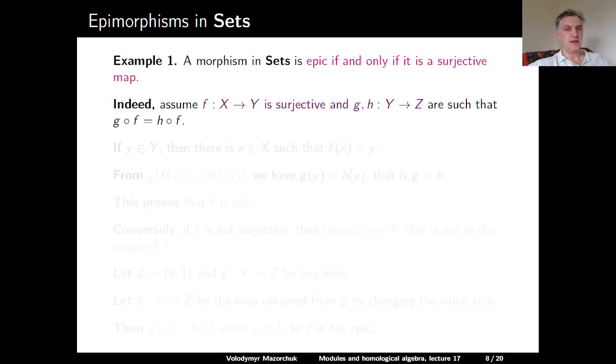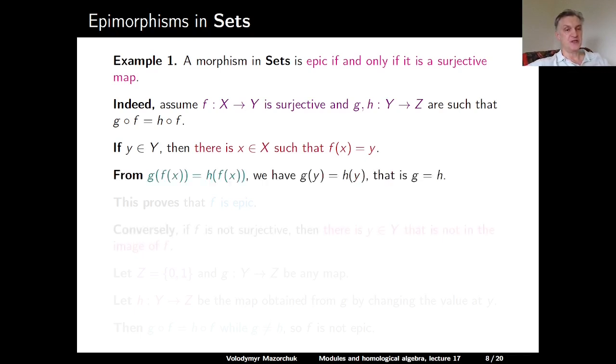Indeed, assume that a map F from a set X to a set Y is surjective, and let G and H be two maps from Y to Z, such that the composition of G after F is equal to the composition of H after F. If y is an element of Y, then, since F is surjective, there is an element x in X such that F of x is equal to y.